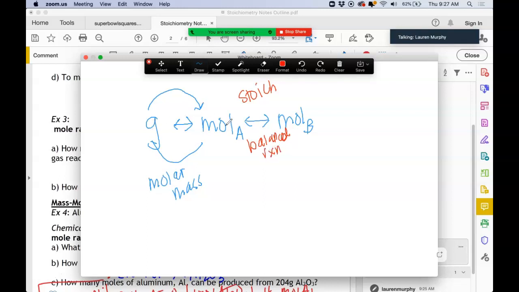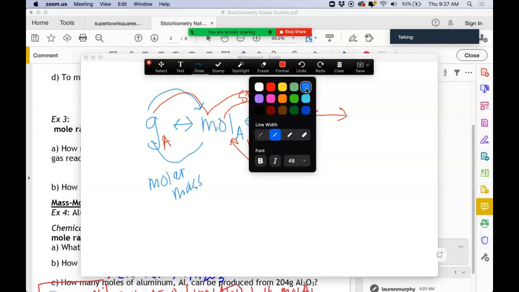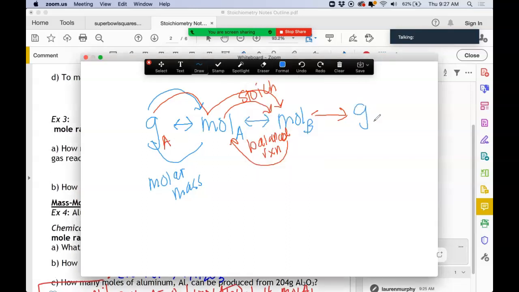So we've gone from grams to moles, moles to moles, okay? We've also just done moles to moles. We've gone from here to here and here to here, okay? And we've also done the 2 jumps. But now we can also go back to grams of the other substance.